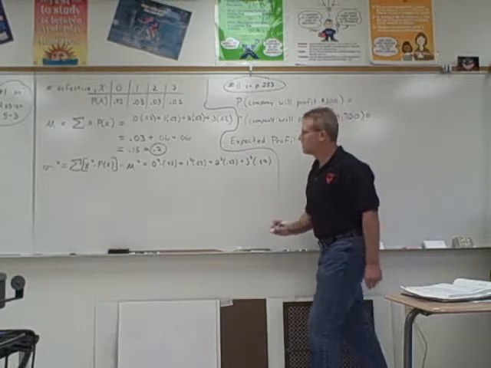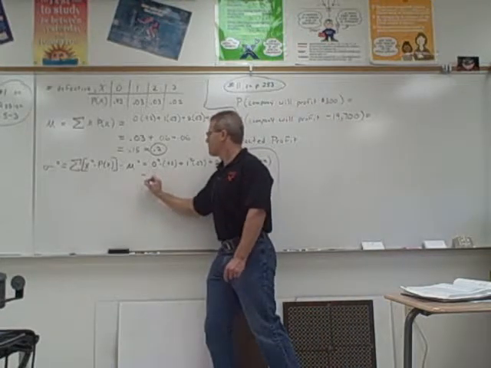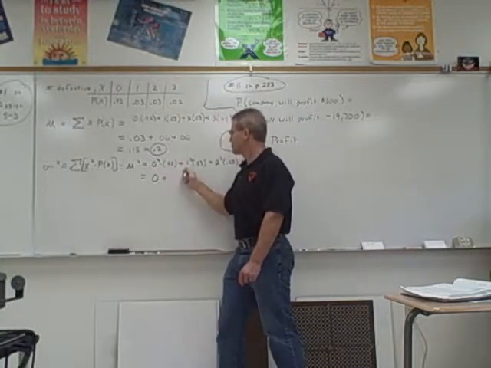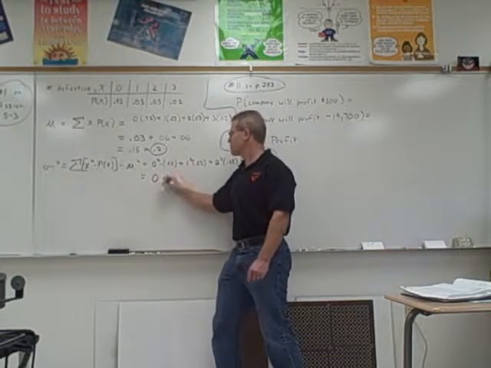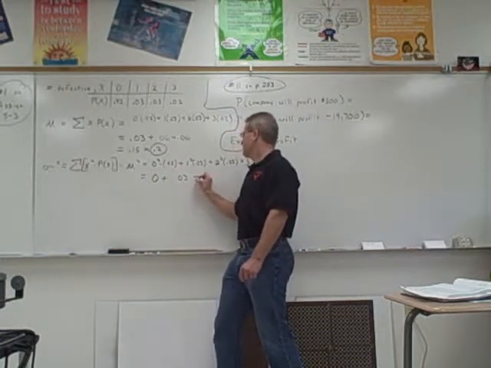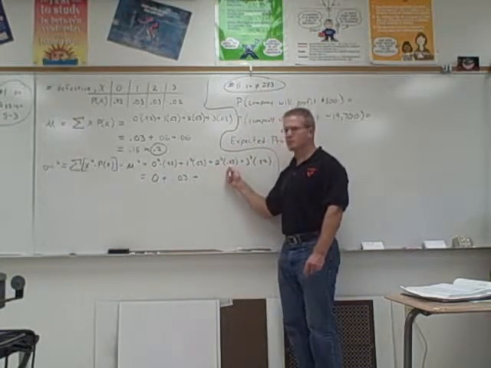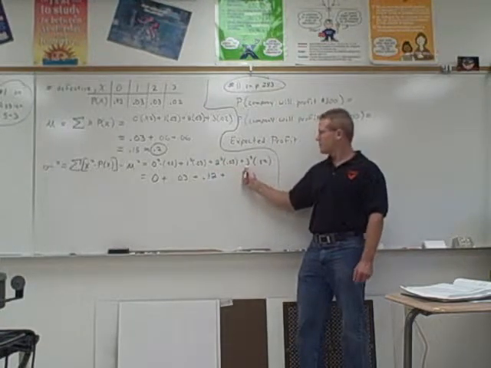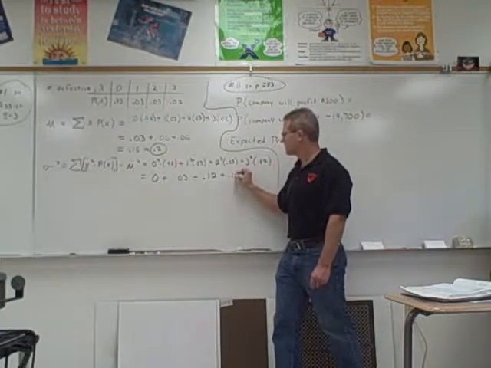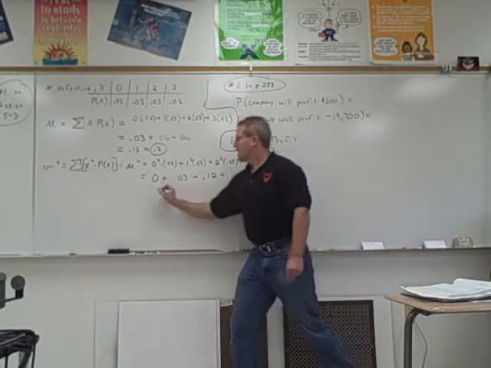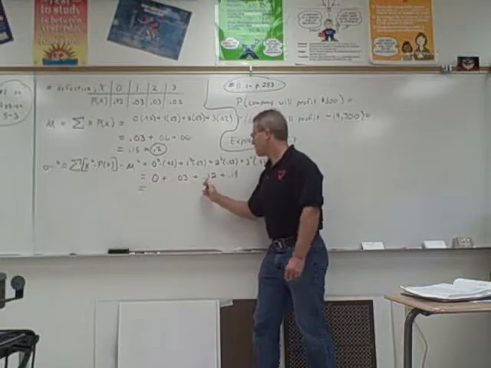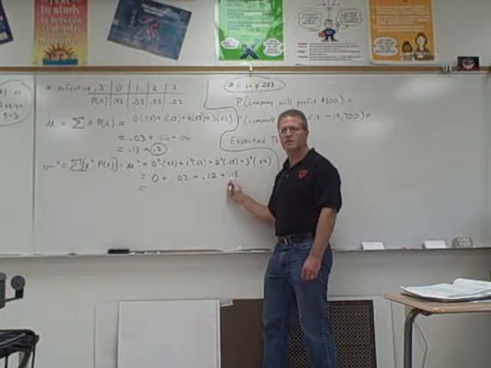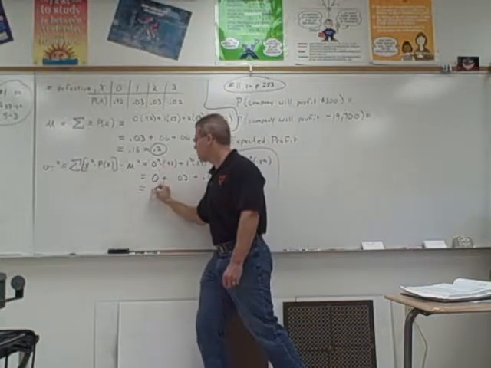So 0 squared is 0 times 0.92 would be 0. 1 squared is 1 times 0.03, that'd be 0.03. 2 squared is 4 times 0.03 should be 0.12. 3 squared is 9 times 0.02 would be 0.18. Add those together, 0.15 plus 0.18 would be 0.33. Does that sound right? Okay, 0.33.